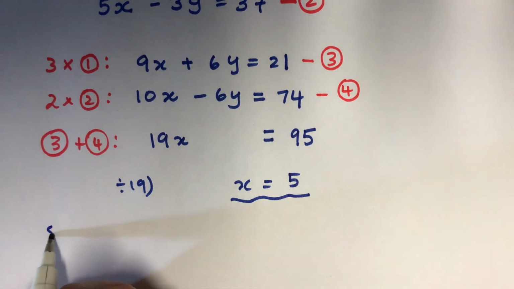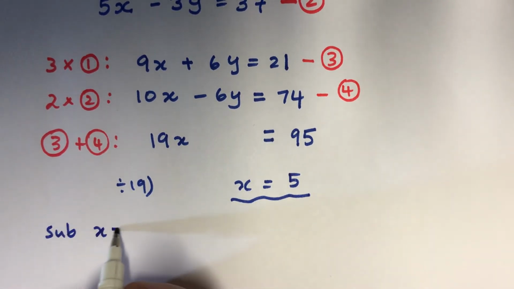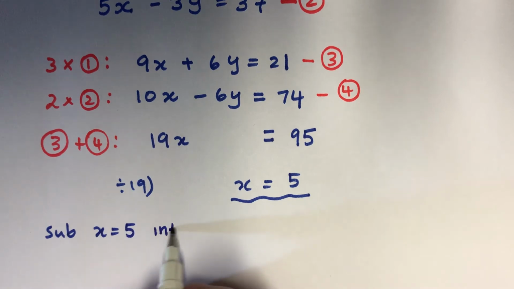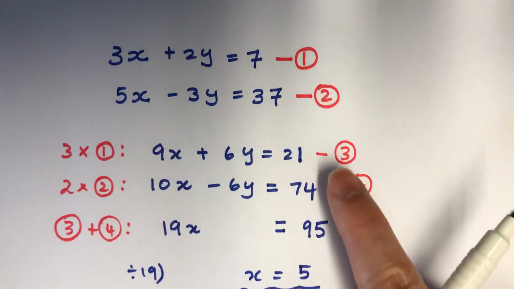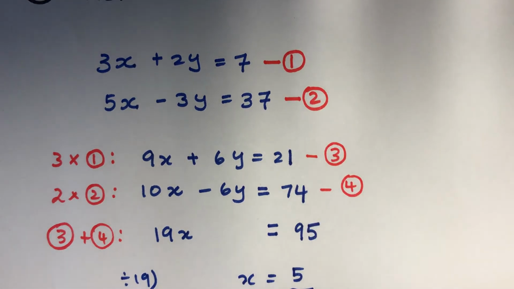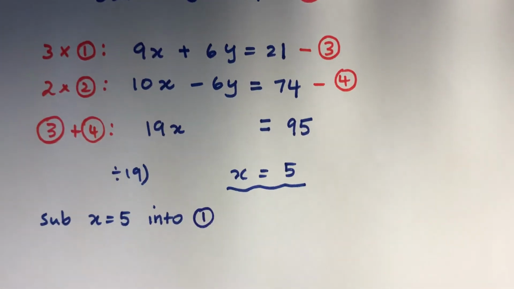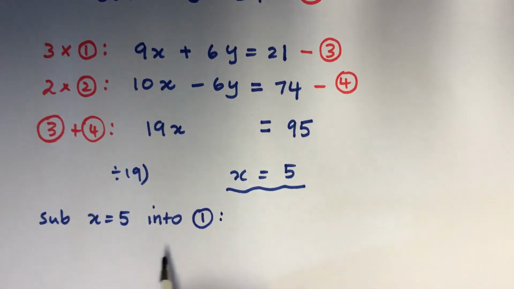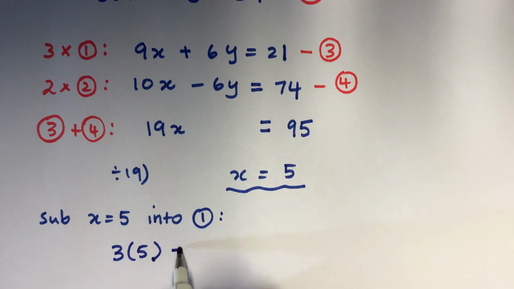And of course I need to substitute x equals 5 into any one of the first original ones, 1 or 2. I will choose 1. You can choose 2, it doesn't really matter. So I will go 3x, which is 5 now, plus 2y equals 7.